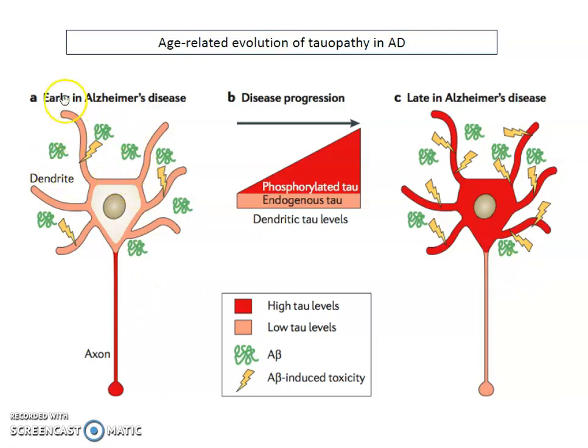This schema represents the early Alzheimer's disease with a neuron that is normal, and this red color represents the high tau level, and in this part the tau level. Those in green represent the A beta protein, and this in yellow represents the A beta induced toxicity.